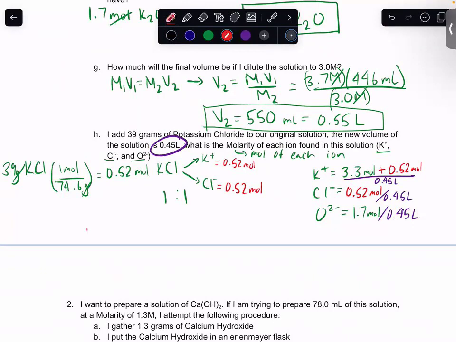Then for K plus, I have a molar value of 8.5 molar. For chlorine, I have 1.2 molar. And for oxygen, I have 3.8 molar. And those are my values.